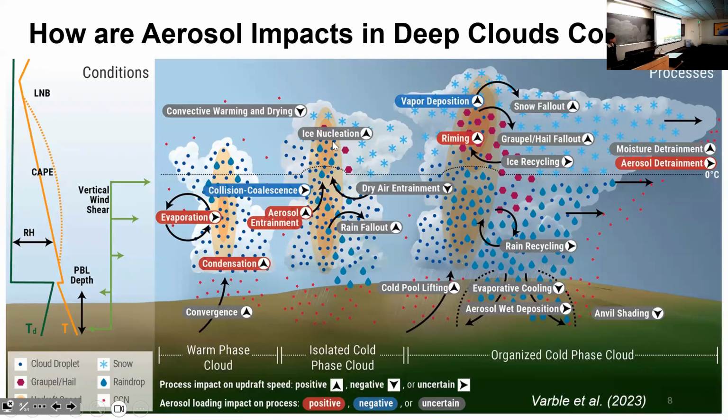Ice nucleation is also impacted by aerosols, along with entrainment, updraft, downdraft, and precipitation particles in the lower atmosphere. These interact with each other, and each of them is impacted by aerosols, making the process complex.